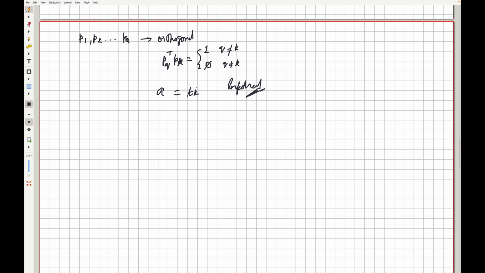Now, what happens if the inputs are not orthogonal? What I mean by that is if we have the PQ transpose PK, and if that is not equal to 0 for some Q not equal to K, then this means that multiple memories can partially activate at the same time.